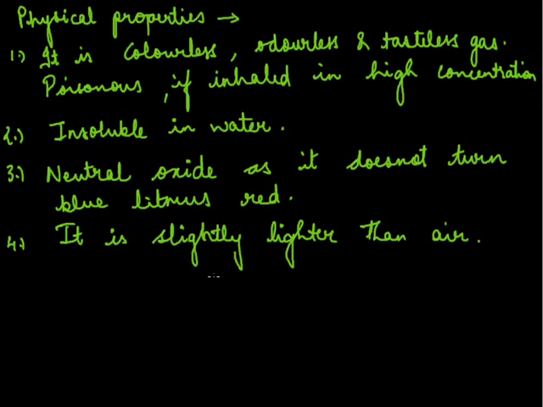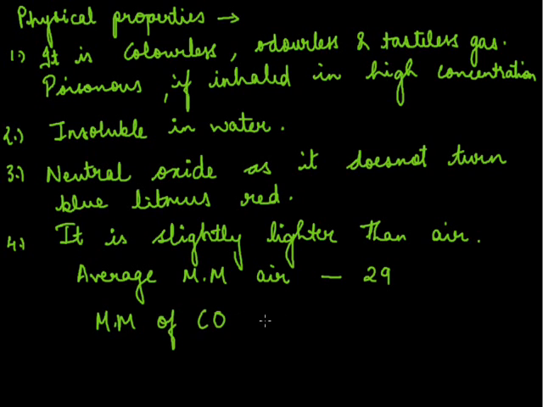The average molecular mass of air is found to be near about 29, and the molecular mass of carbon monoxide will be the atomic mass of carbon, that is 12, plus the atomic mass of oxygen, that is 16, which becomes 28. So it is slightly lighter than air. So these are some physical properties of carbon monoxide.